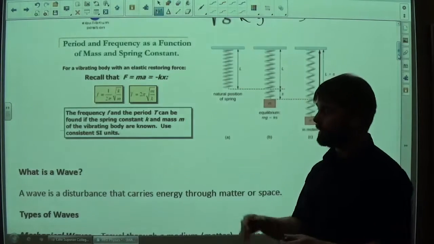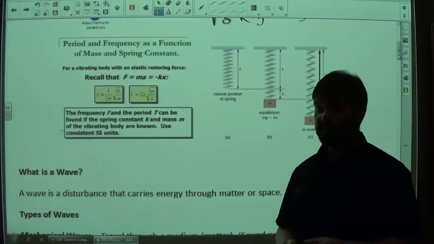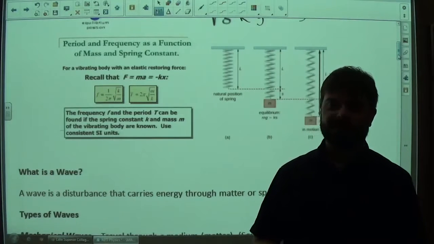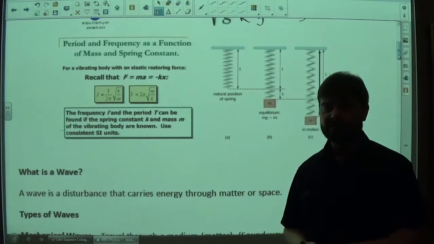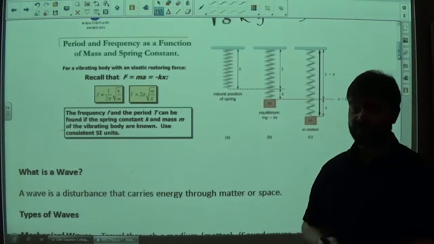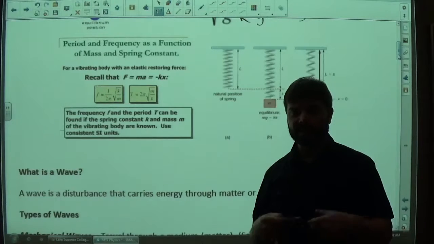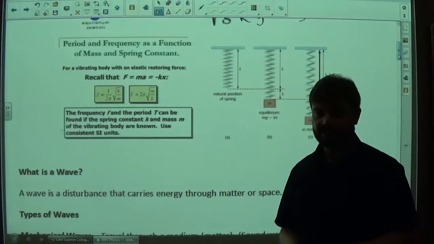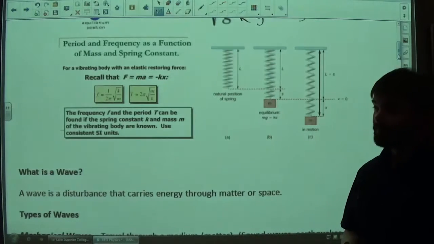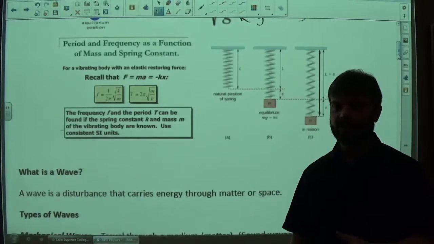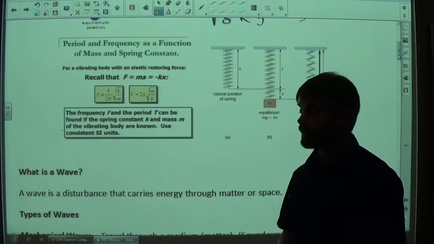So if a spring oscillated at 5 hertz, it would be that many oscillations per second. Every single second it would oscillate 5 times. Things like this would probably have very low frequencies, but when we start talking about light or sound and even other types of radiation and electromagnetic waves, they can have frequencies that are extremely high because they oscillate back and forth thousands of times per second, if not more. Okay?